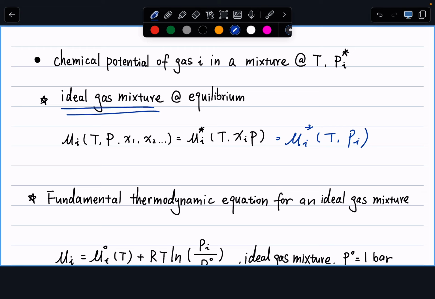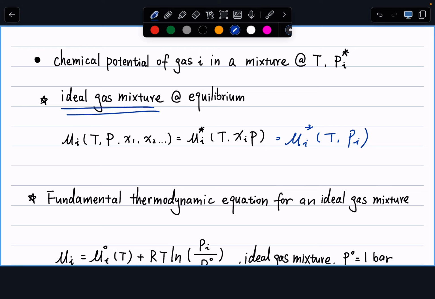All right. And now since we're looking at the chemical potential of a pure substance, we can use this equation to describe species in my ideal gas mixture. So this one is true for pure substances.